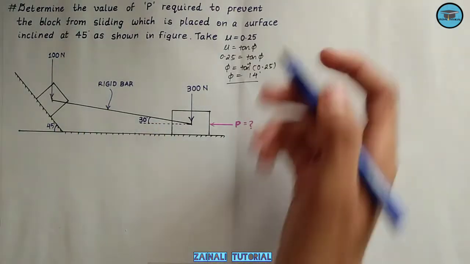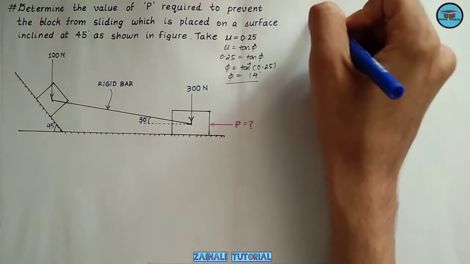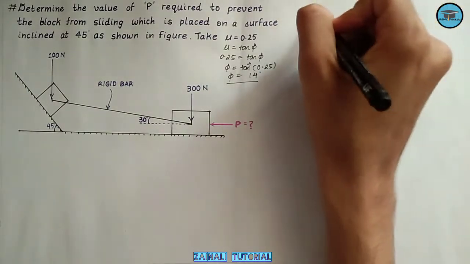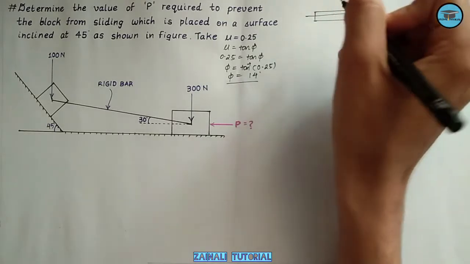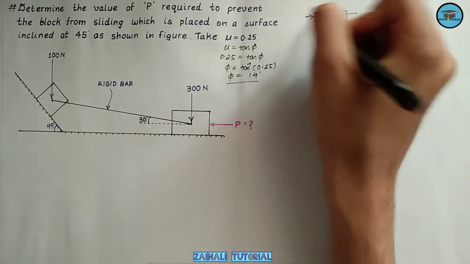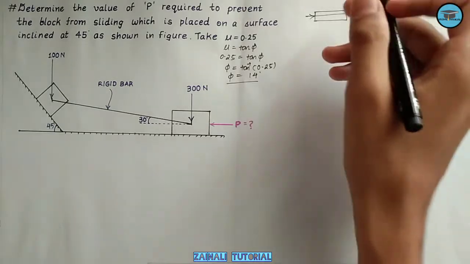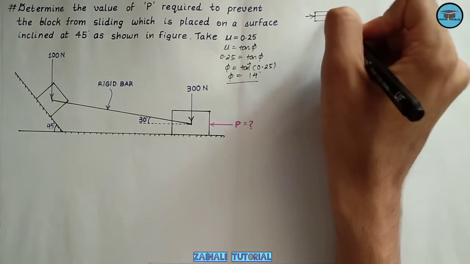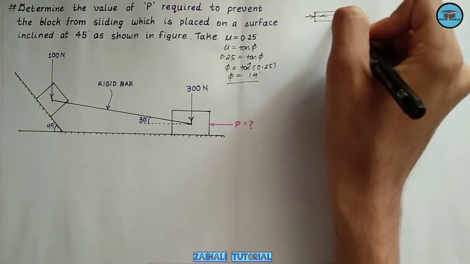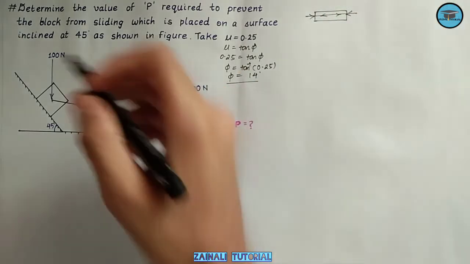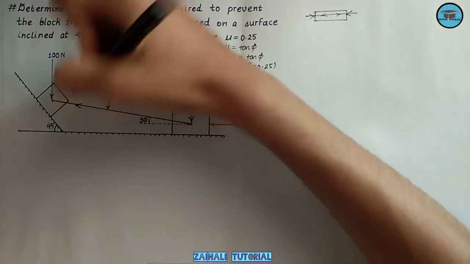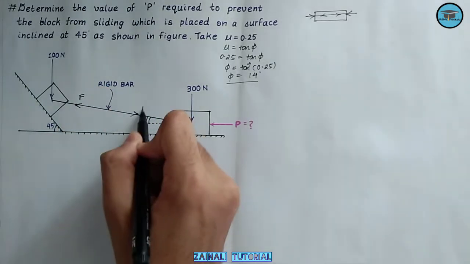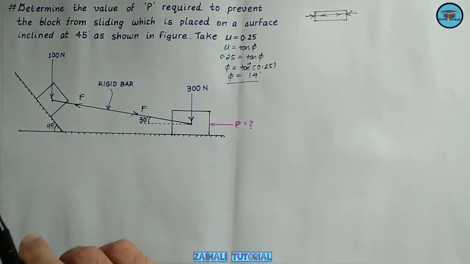We know the sign convention of the compressive force: if this is a rigid bar and there is a compressive force acting outward, then the internal force would act in a resisting nature like this. So the force set up in the rigid bar would be somewhat like this. Let us say the magnitude of this force is F. These two forces will be of equal magnitude only.